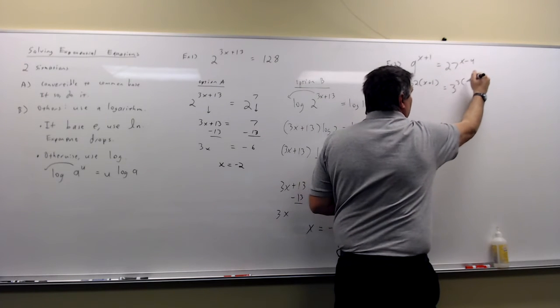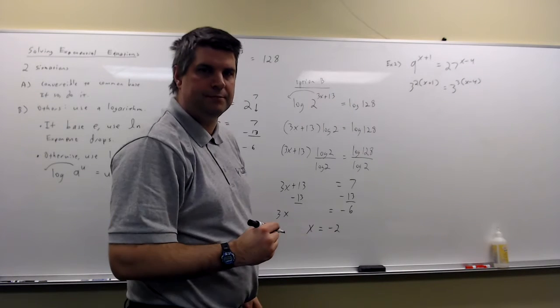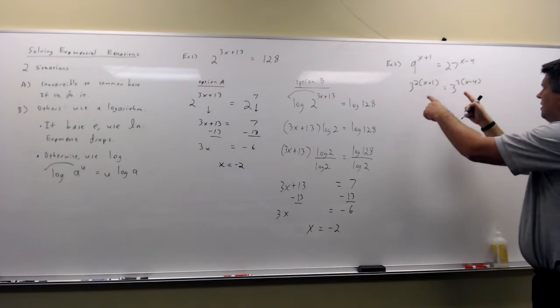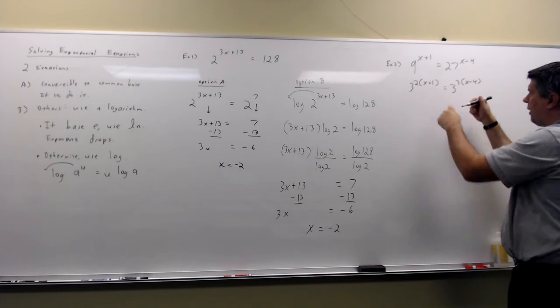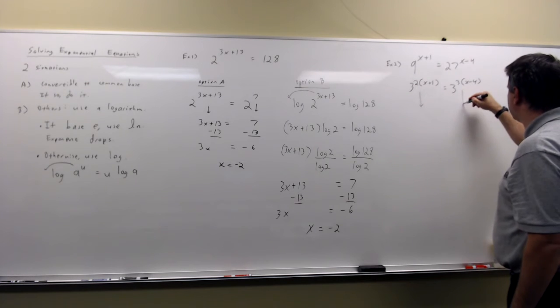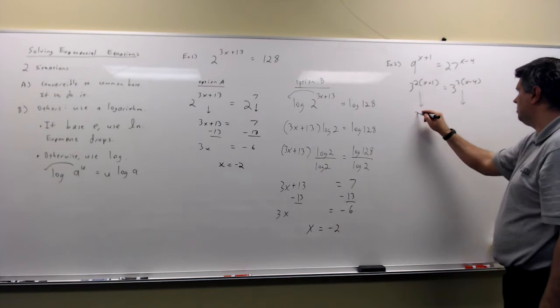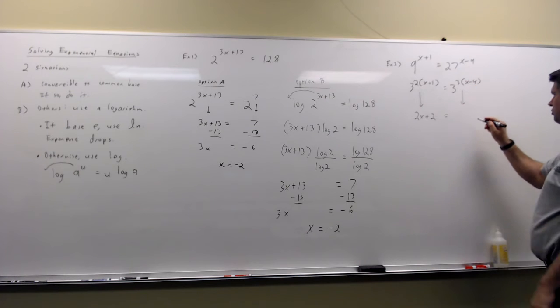Put the original exponent in parentheses. This allows me, since this equals this, and the base equals the base, that requires the exponent to equal the exponent. I'll go ahead and do the distributive property. 2x plus 2 equals 3x minus 12.